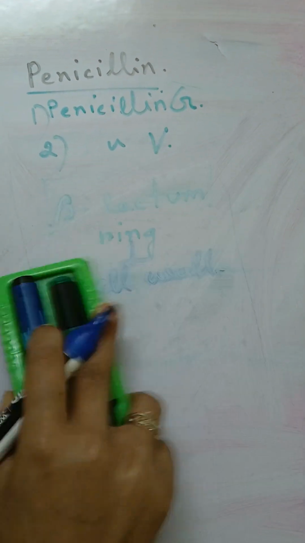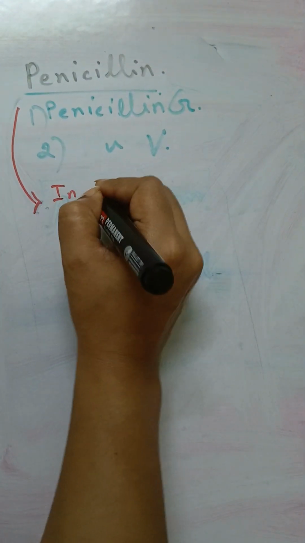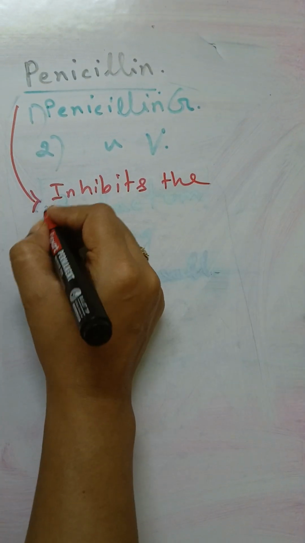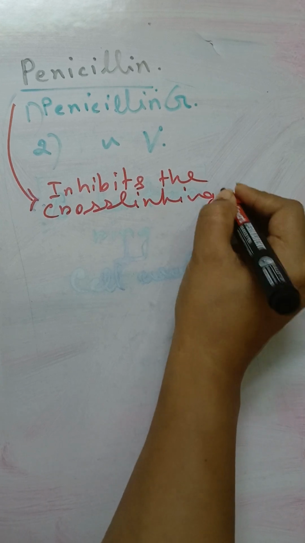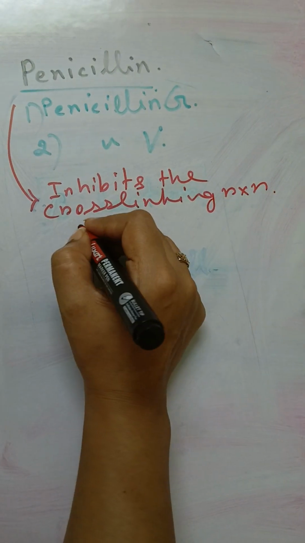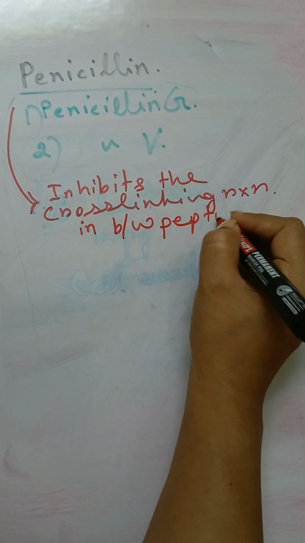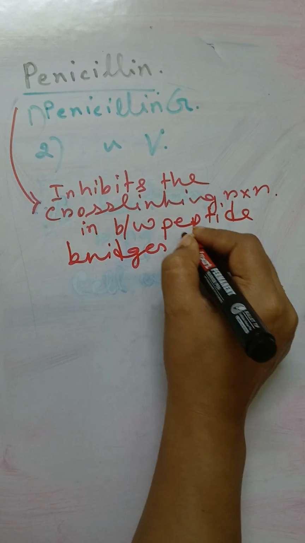Always remember that penicillin always inhibits the cross-linking reaction in between the peptide bridges in PDG.